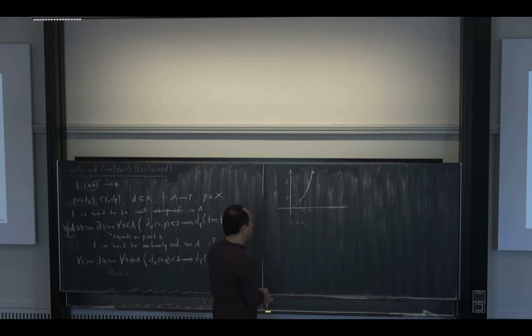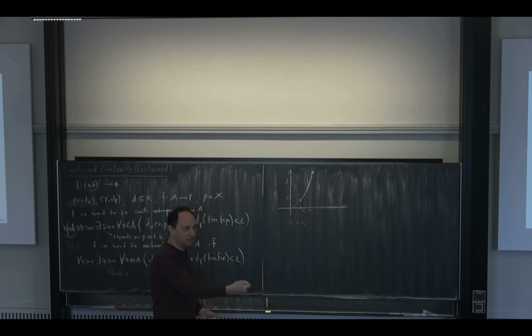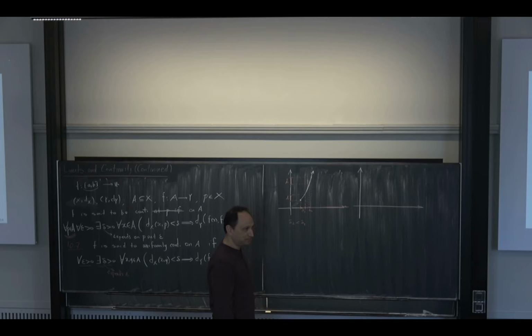Why? Because if I can go farther and farther, I have to fine-tune my delta over and over again. But how many points are there? There are infinitely many. So I cannot give you one delta eventually that works for every case. Is that right? But can you imagine one picture that is uniformly continuous now? It's not hard to imagine, if you understood this. y equals x.